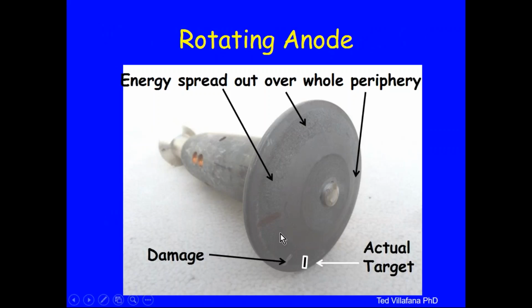You see the diameter of the disk. There's a certain angle involved, and this is the region down at the bottom where the electrons are actually impacting on the target. Right next to it, to the left of it, you see this little white area.